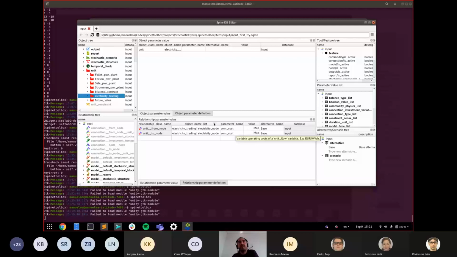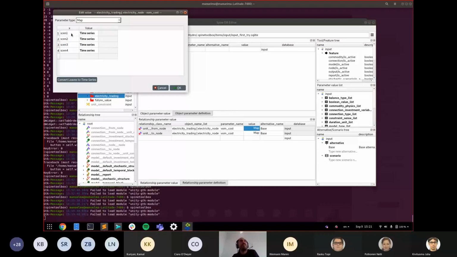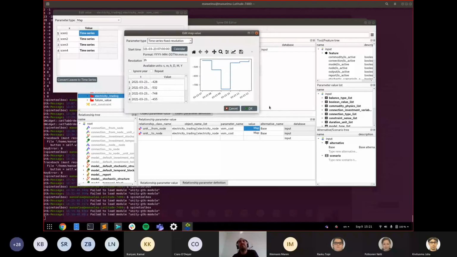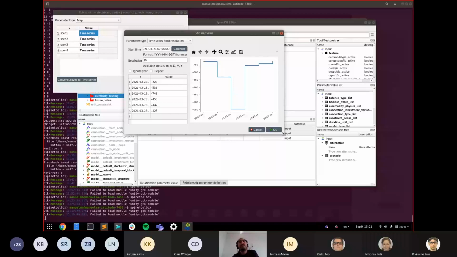So here I have the link from the node and to the node because I'm buying and selling. And here I have the value, which is a map. And if I open it, I can see that I have a mapping from scenario name to a time series. And then I can open the time series, and I finally see the price or the cost.